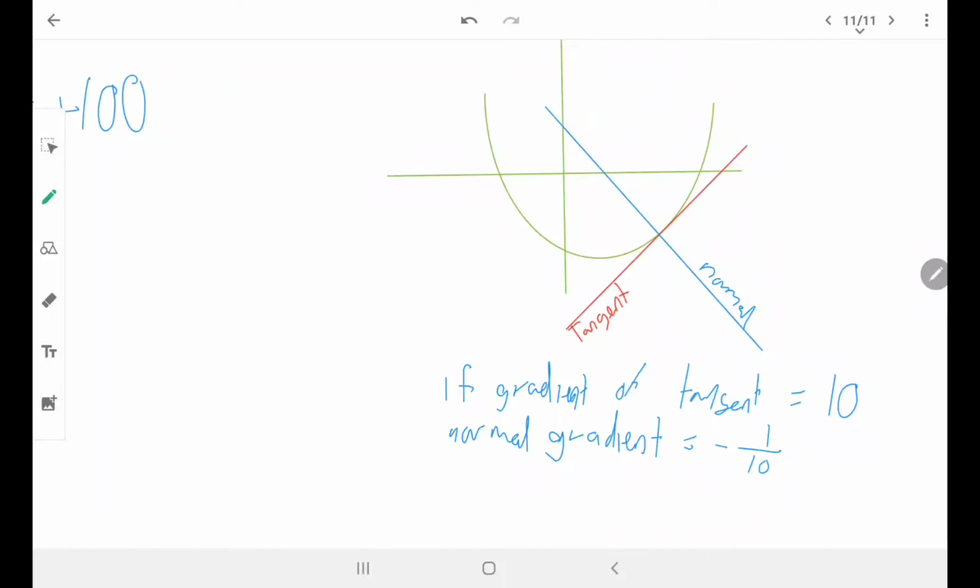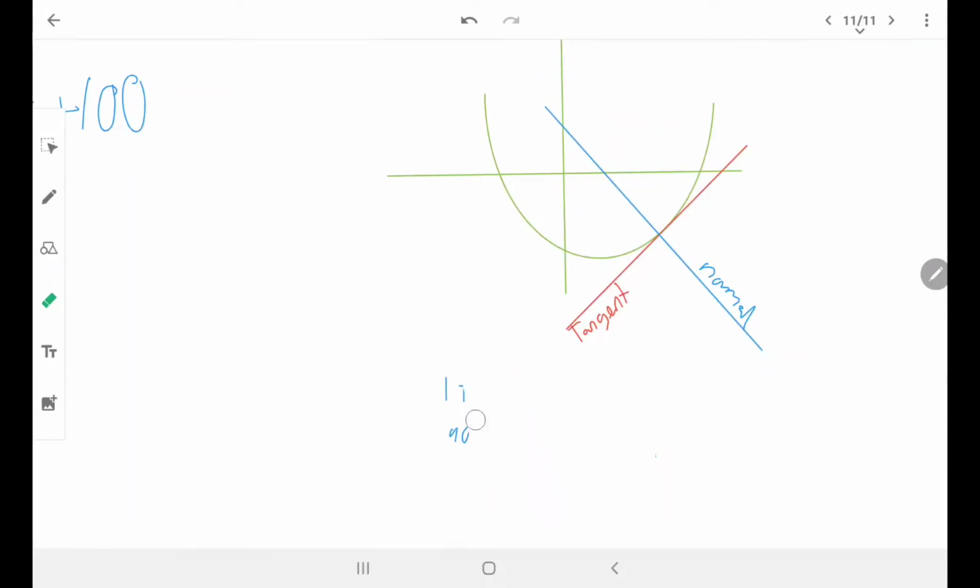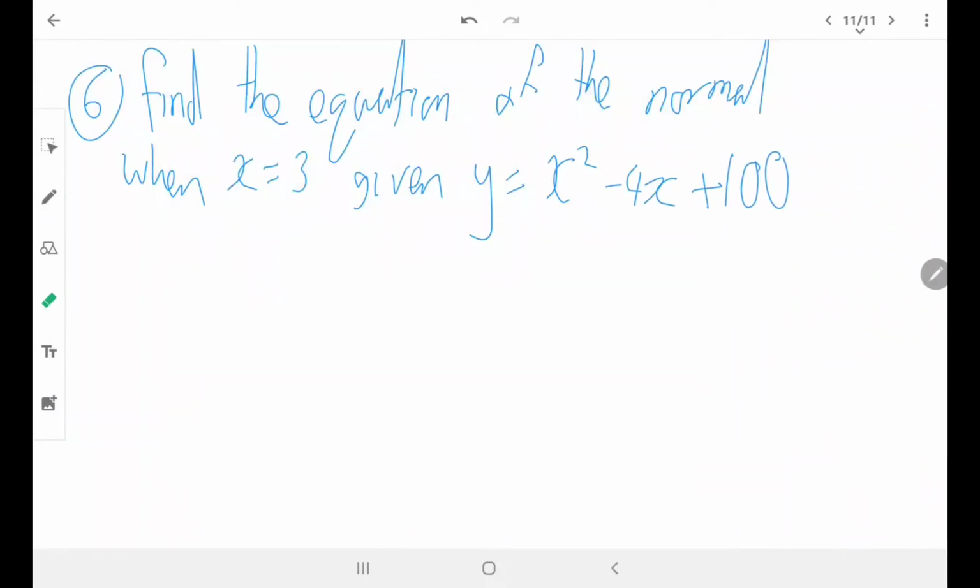That's not saying in this example question that we have a gradient of 10, but if you had a gradient of 10, that's what the normal would be. If the tangent had a gradient of 2, the normal would be minus a half. If the tangent had a gradient of a third, the normal would have a gradient of minus 3. So it kind of flips the fraction, but we'll go over negative reciprocal in other videos.